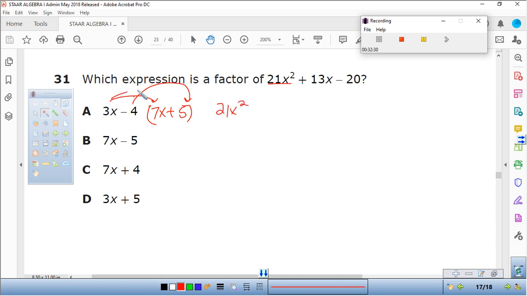Then this one times this one gives me 15x. This times this gives me a negative 28x. The last one here, negative 20. Look at these two. When you add those, it gives you a negative 13x. Look at that. Not matching up. It doesn't work. You got it? No? Okay, yeah, that's not the best way of doing it.